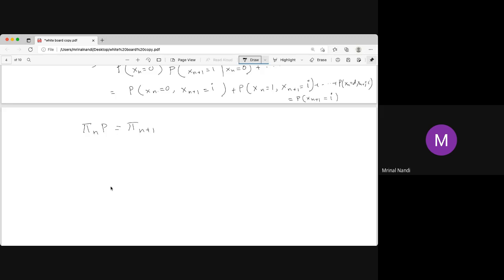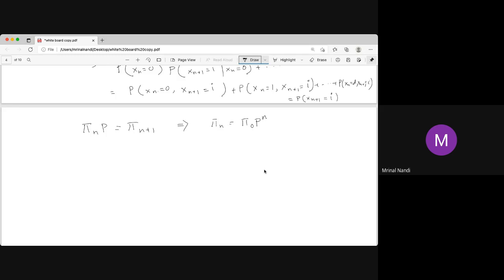Now go with the induction. Pi 1, pi 0 p, is like a geometric progression. So it implies pi n is nothing but pi 0 p to the power n. This is matrix multiplication, matrix power.